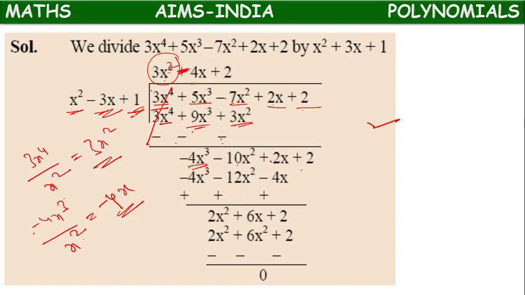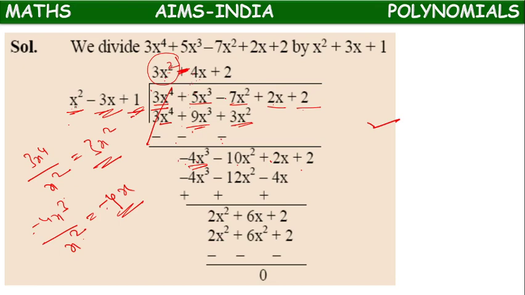So minus 4x. Minus 4x cube by x square, minus 4x.